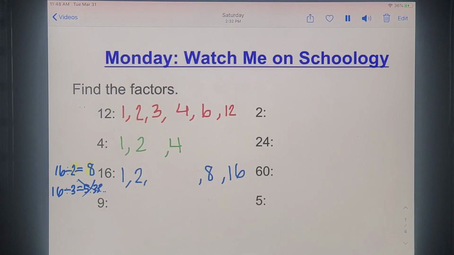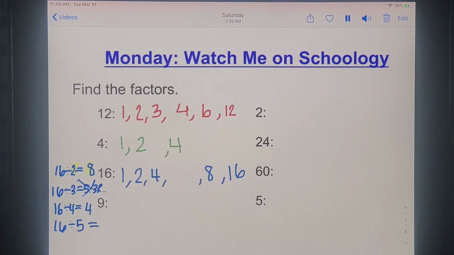So next we would try 16 divided by 4. So for this one, 16 divided by 4 equals 4. So I can write down 4. Next we would try 16 divided by 5.